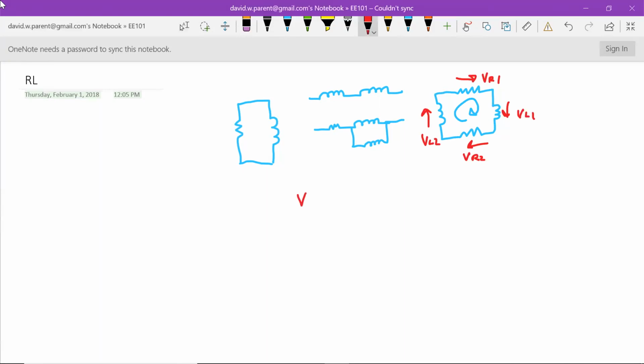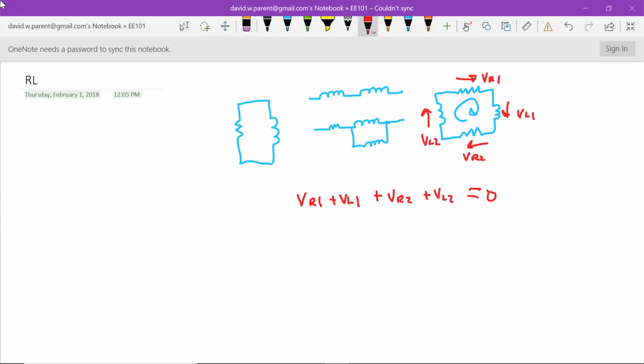So VR1 plus VL1 plus VR2 plus VL2 equals 0. We can rearrange how these things are added.